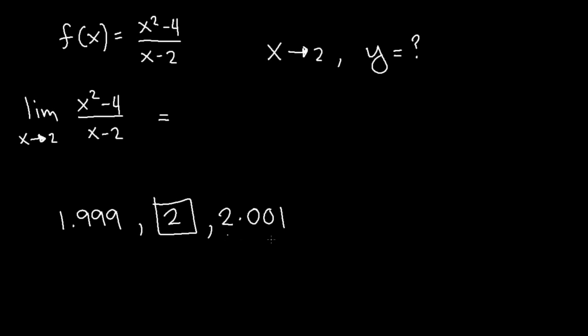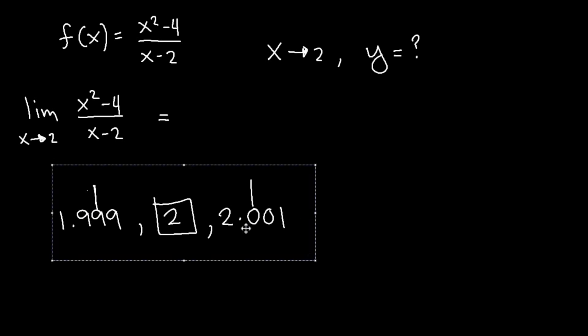So these are values close to 2 but not equal to 2. So you can substitute any of these values, you can choose either one, as long as it is close to 2. So let's say in this example we use 2.001.